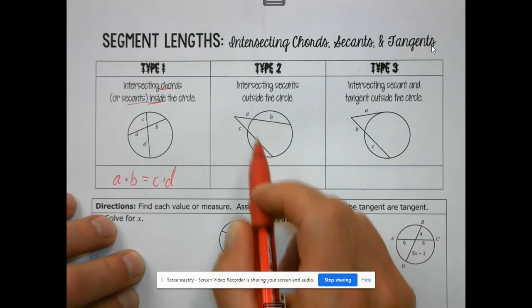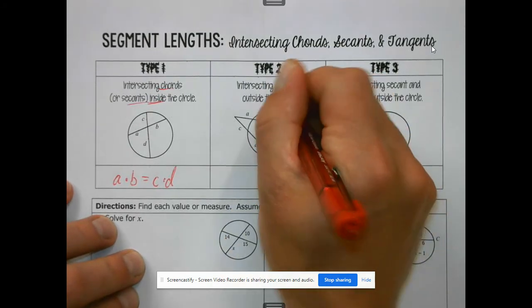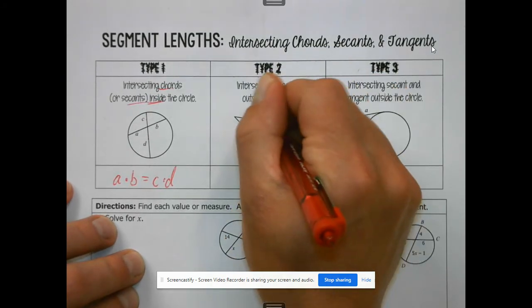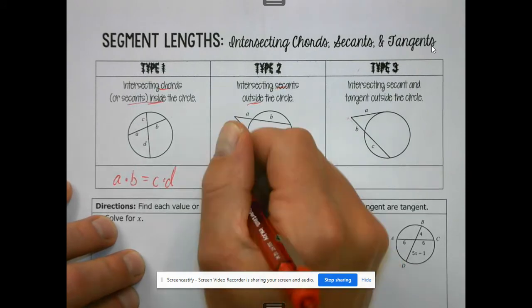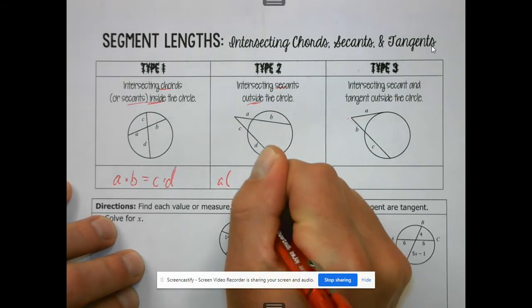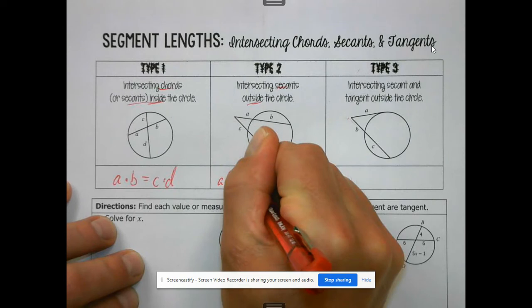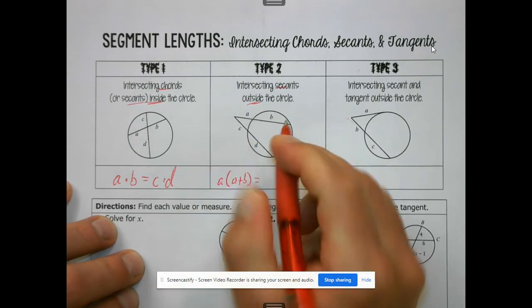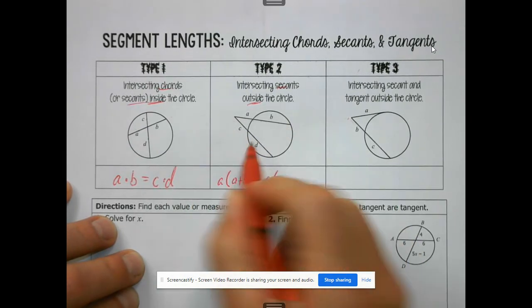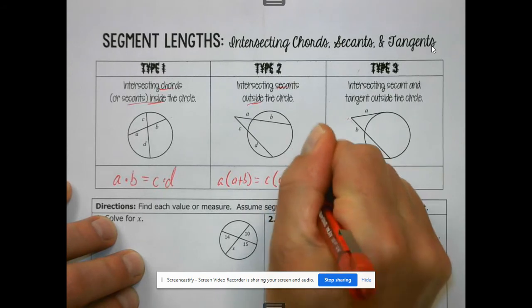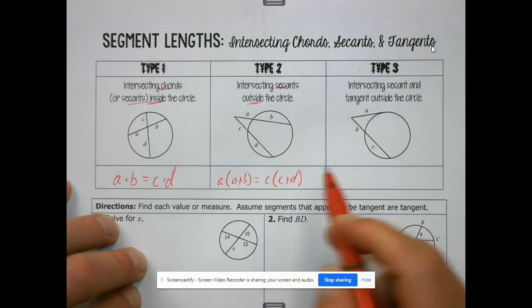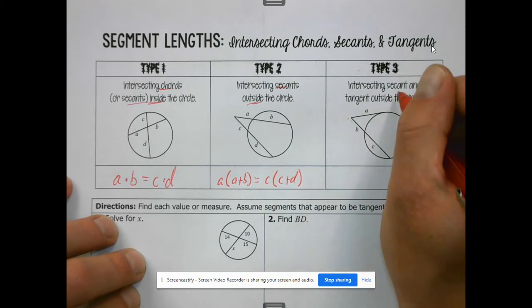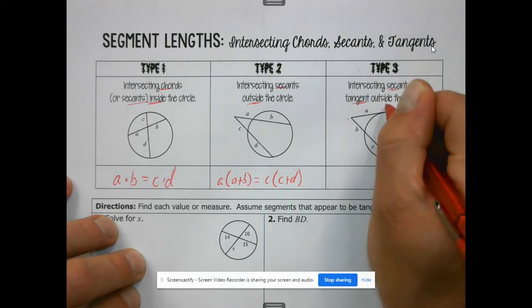This works for intersecting secants on the outside. The formula is A times A plus B equals C times C plus D. That's just the formula.